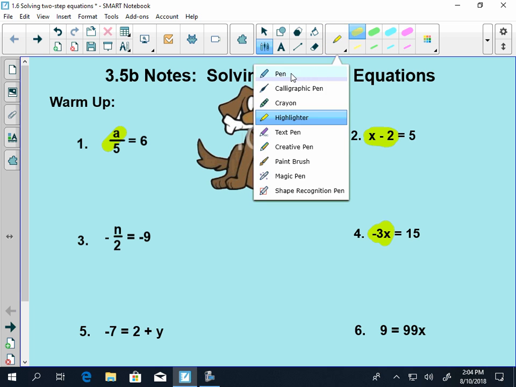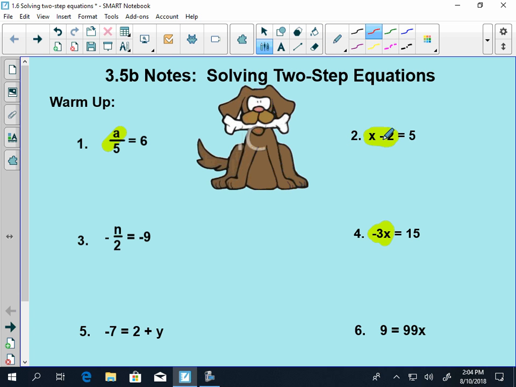So when I have a subtraction problem or an addition problem, the first thing I want to do is put a line at the equal sign. If I see a sign in between my letter and my number, that means I'm either going to add or subtract. What I need to get rid of is -2, so I'm going to add 2 to both sides.